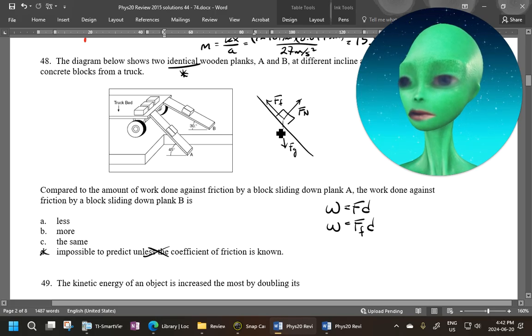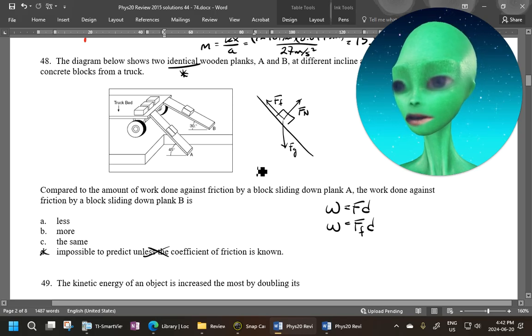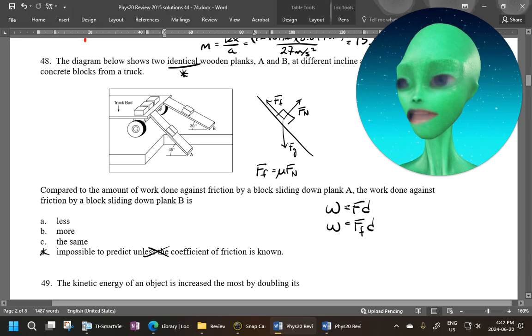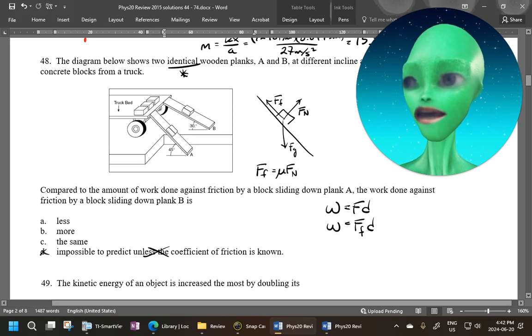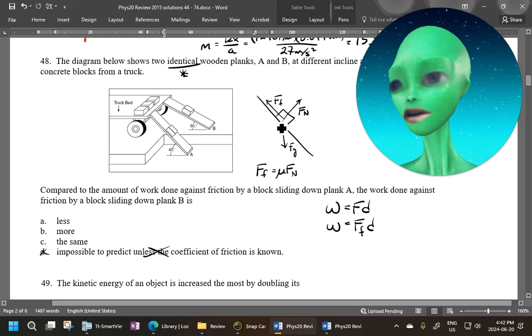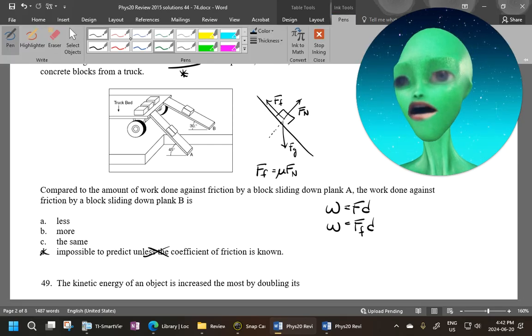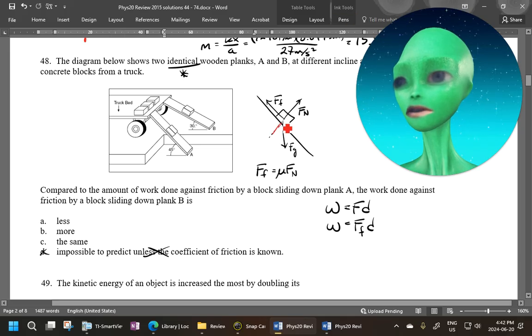So the friction force is related to the normal force. Remember, force of friction is equal to mu Fn. So if the Fn goes down, the Ff also goes down, right? That's going to be related to our force of gravity here, our y component and our x component. These meet at 90 degrees.